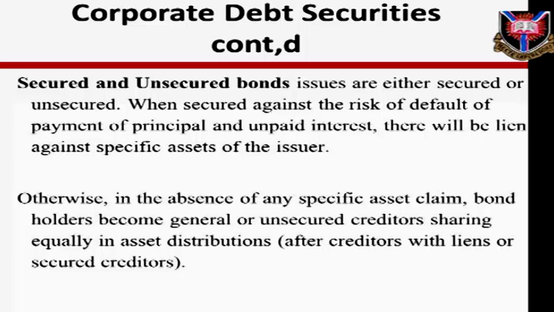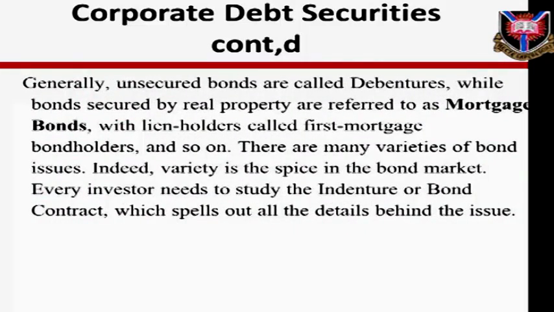Bonds are described by different names to indicate the extent of security and the type. Generally, unsecured bonds are called debentures, while bonds secured by real property are referred to as mortgage bonds, with lien holders called first mortgage bond holders, and so on.